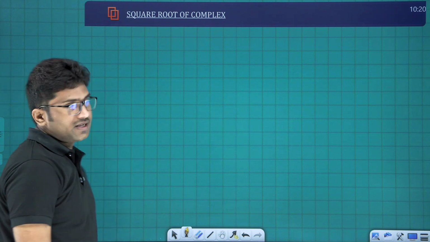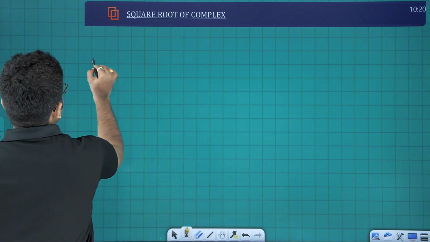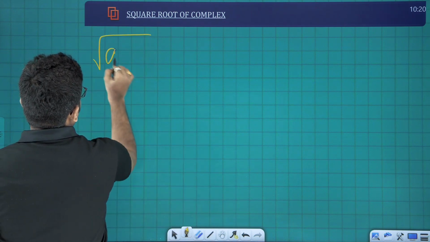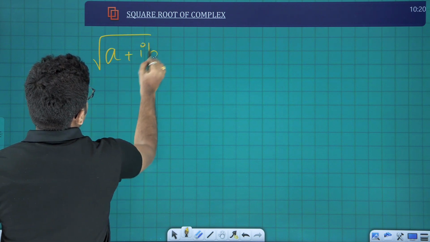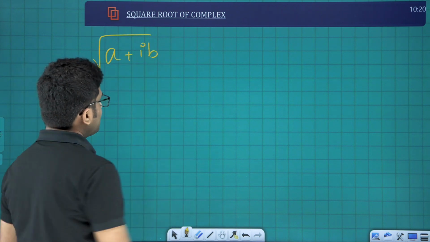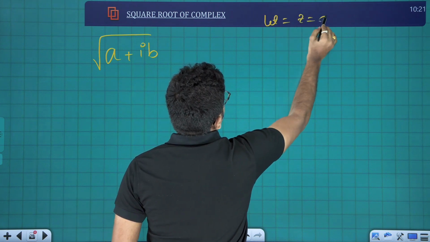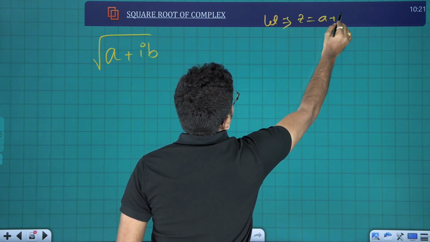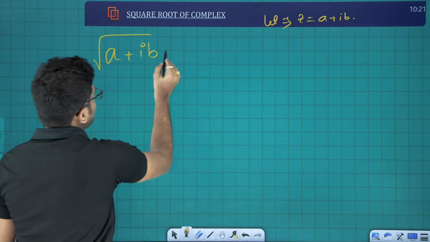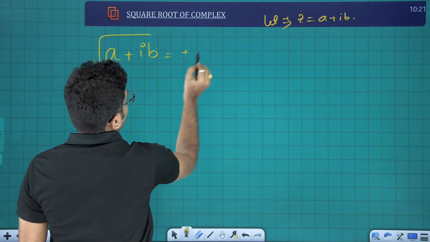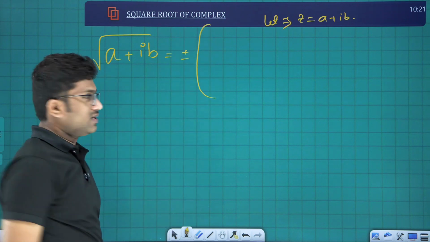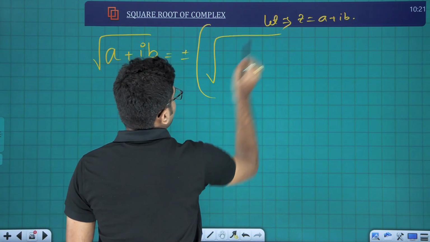Square root of a complex number. Simple friends. Root over A plus iB: let Z be equal to A plus iB. Now the square root of this A plus iB is equal to plus or minus, what we do?